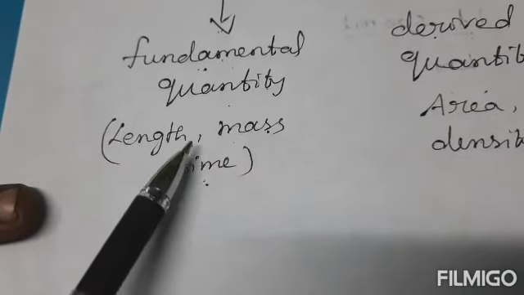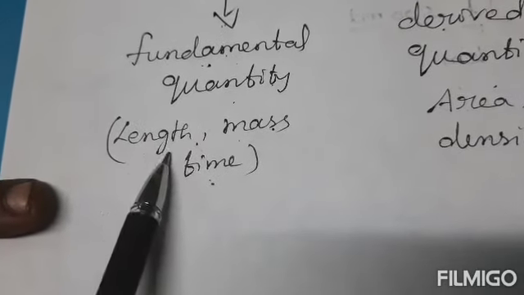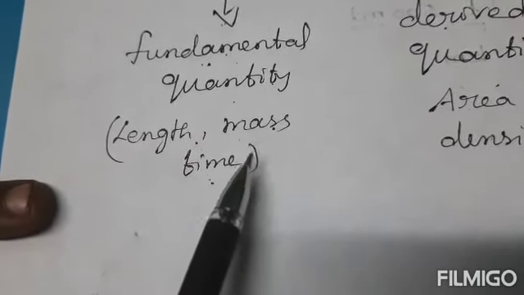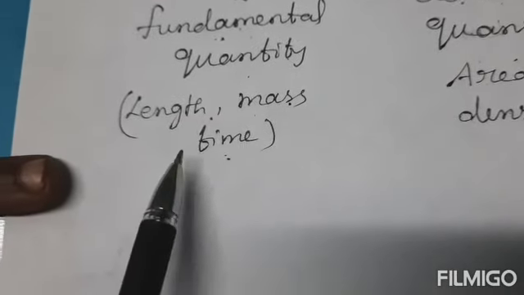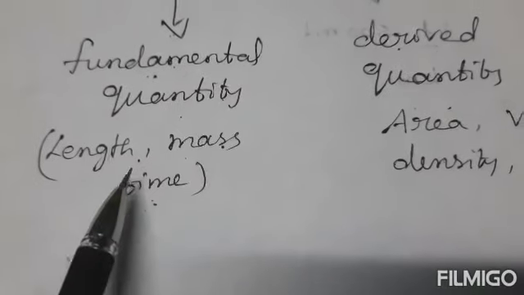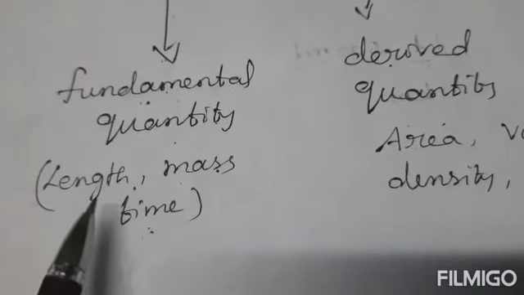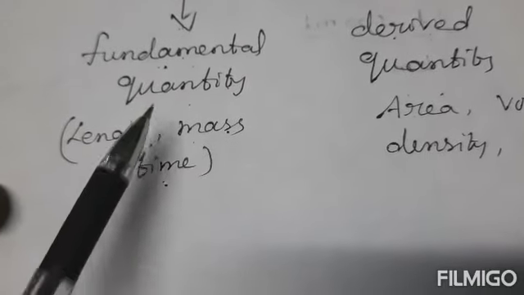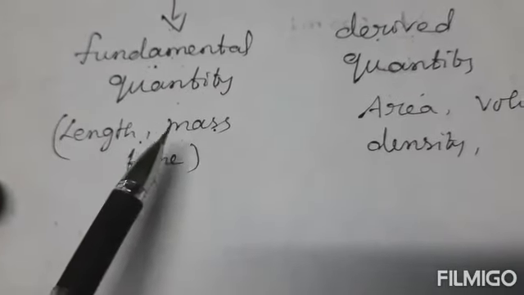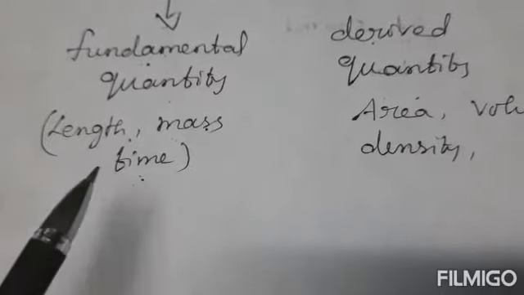Mass also cannot be expressed. Time also cannot be expressed. Okay. What's the example? Length, mass and time.